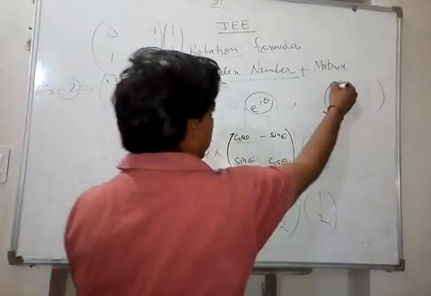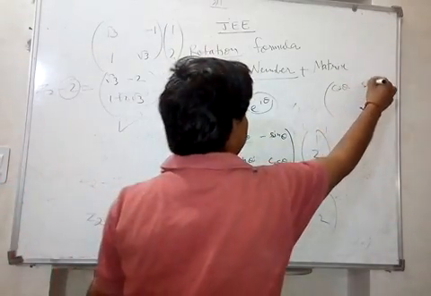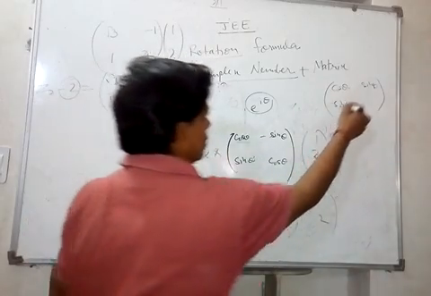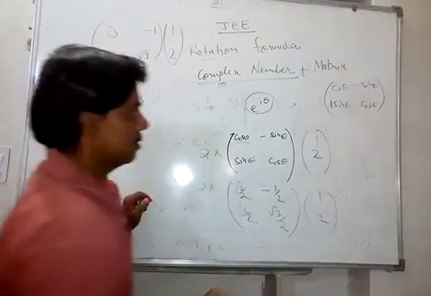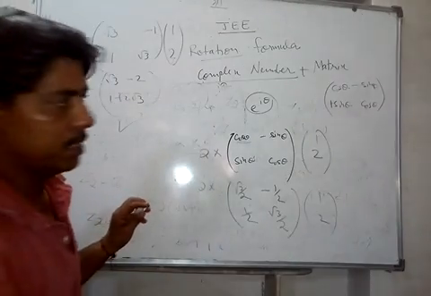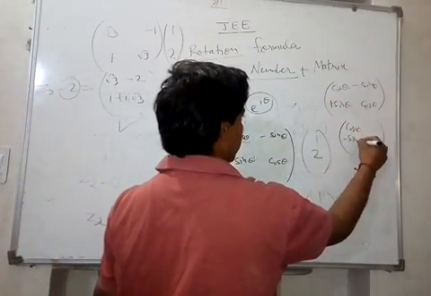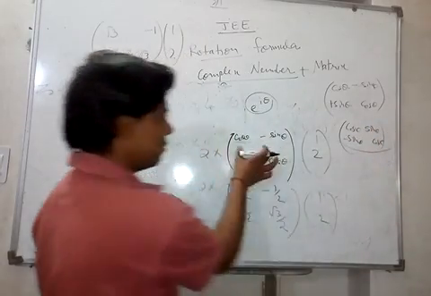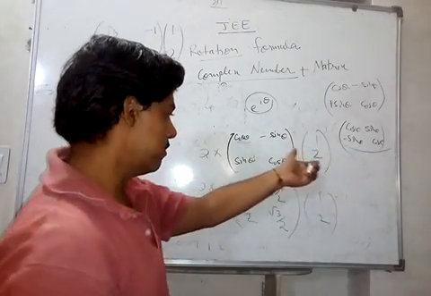Cos theta will come here, okay. Then minus sin theta, for this one minus sin theta, and then cos theta. Now change the sign, make it minus, make it plus, right? These two get changed, and now take its transpose, cos theta, minus sin theta, cos theta.